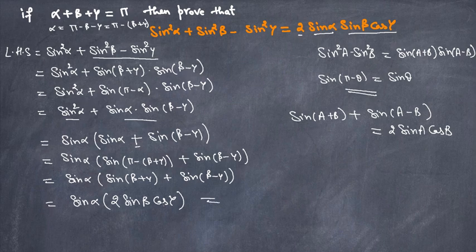Rearrange this, bring 2 forward as a constant, so I'm left with 2 sin α sin β cos γ, and that is equal to the right hand side. So hence the proof.